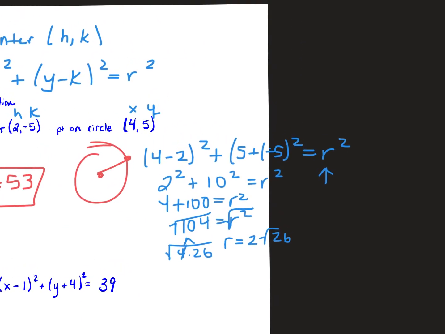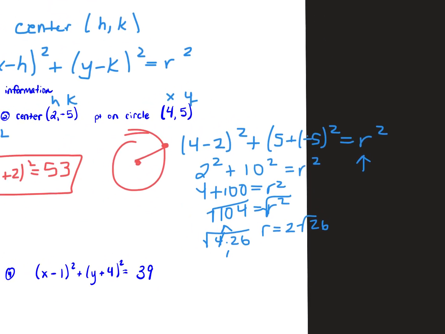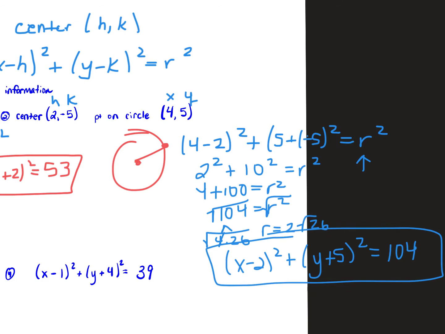So when we write the equation of this circle, given a specific h and k, I have (x - 2)^2 + (y + 5)^2 = our radius squared. So the square root of 104 squared is just 104. And there is your equation of the circle.